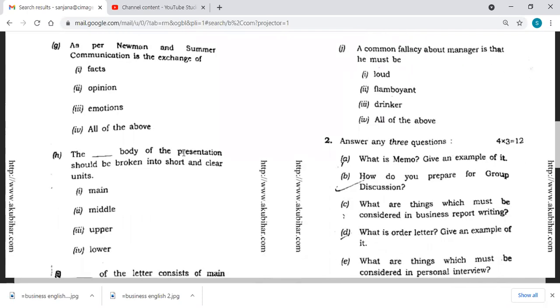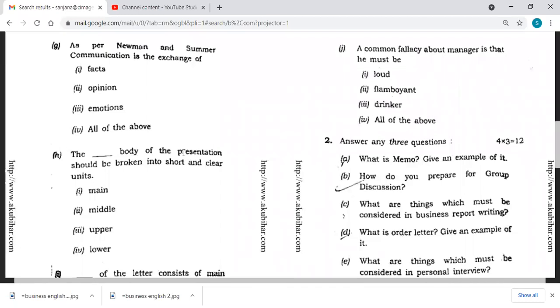The dash body of the presentation should be broken into short and clear units. Option number A. Yes, right answer.